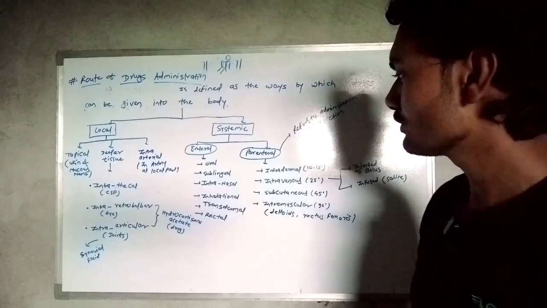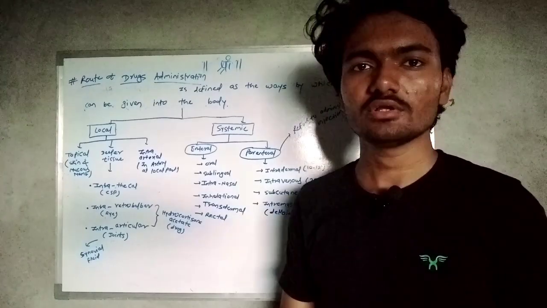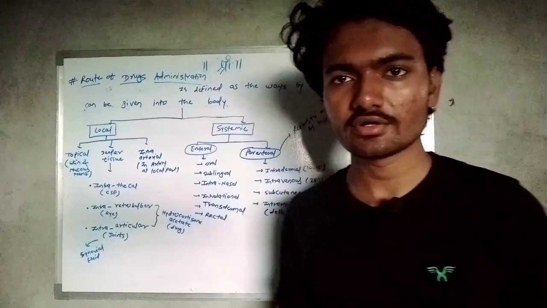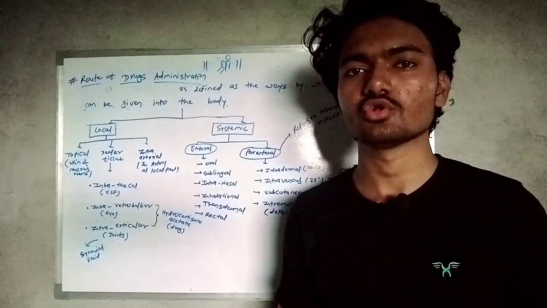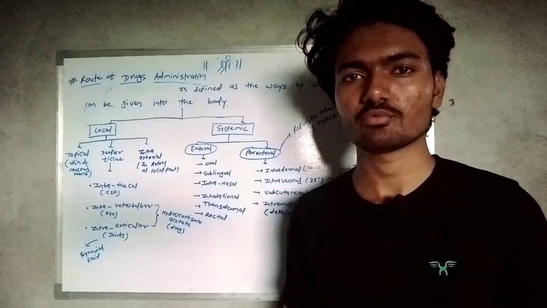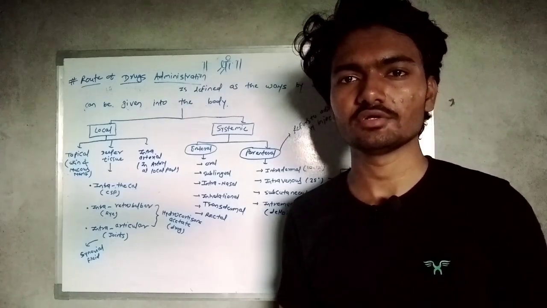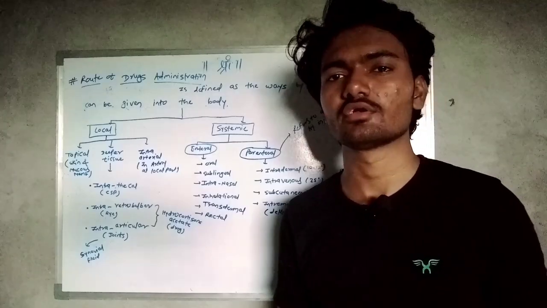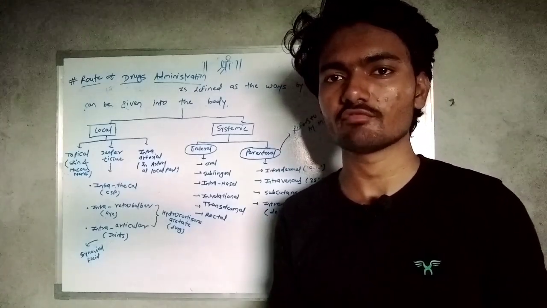The fifth one is the transdermal. In transdermal, highly lipid soluble drugs are placed over the skin for slower absorption. Various types of patches which contain the drug can be placed on regions of the skin to give the therapeutic effect.